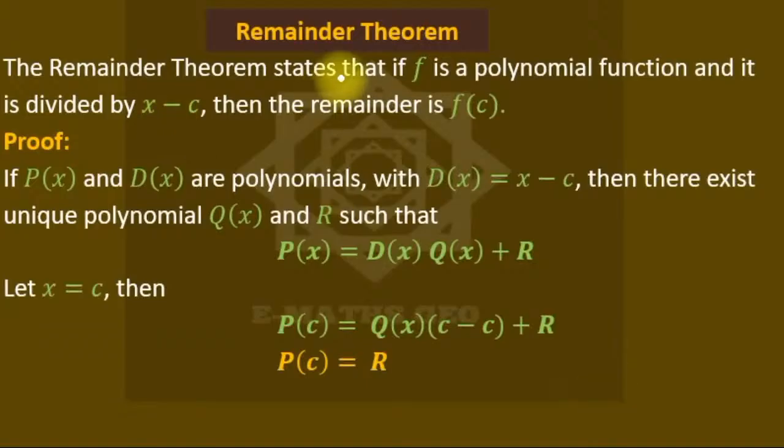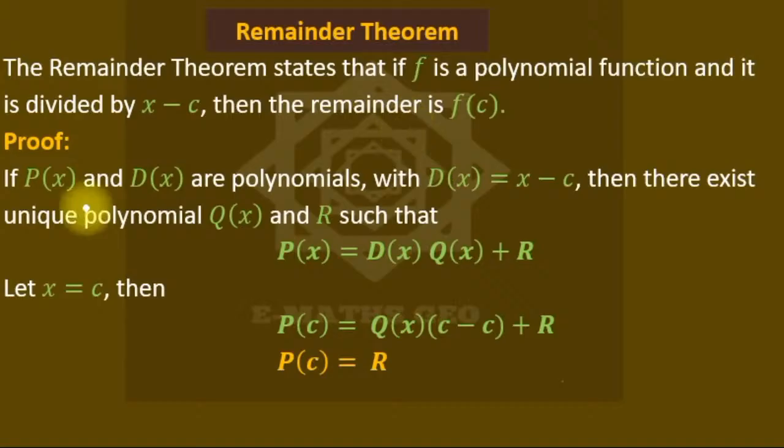So we are on the remainder theorem. The remainder theorem states that if f is a polynomial function and it is divided by x minus c, then the remainder is f of c. So whenever you're asked to divide a polynomial by a linear polynomial, the answer is the constant f of c.